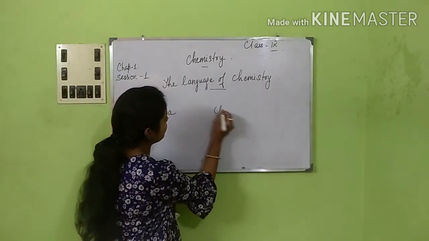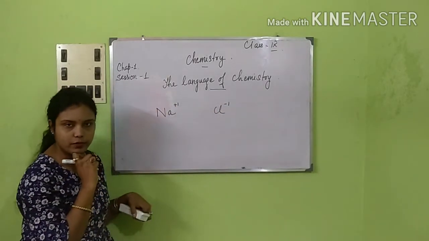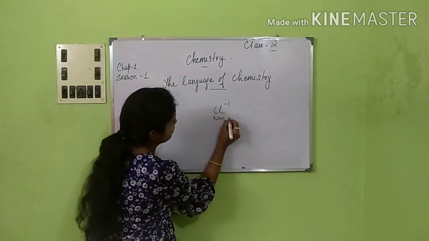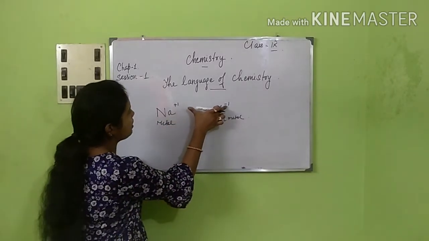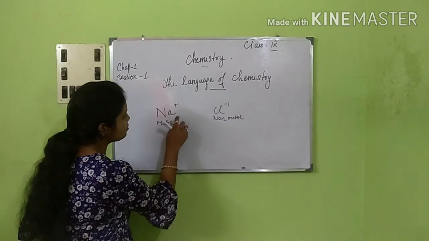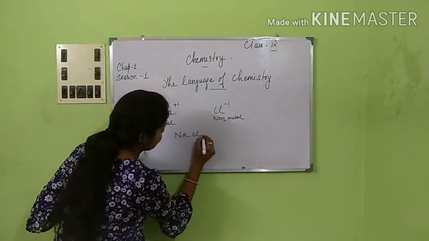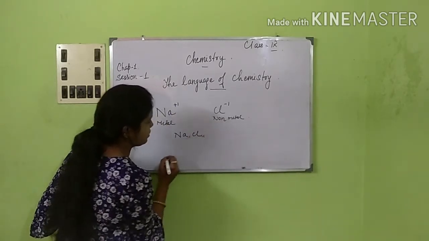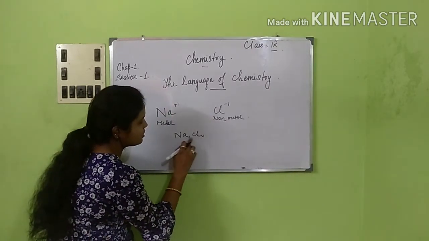Now sodium and chlorine: sodium is having +1 and chlorine is having -1. This is a metal and this is a non-metal. Now the valencies of both of these are interchanged. Whenever we write NaCl, it comes to the base 1, 1. This -1 comes here, this +1 comes here, but we never write the charge here, that is positive or negative.